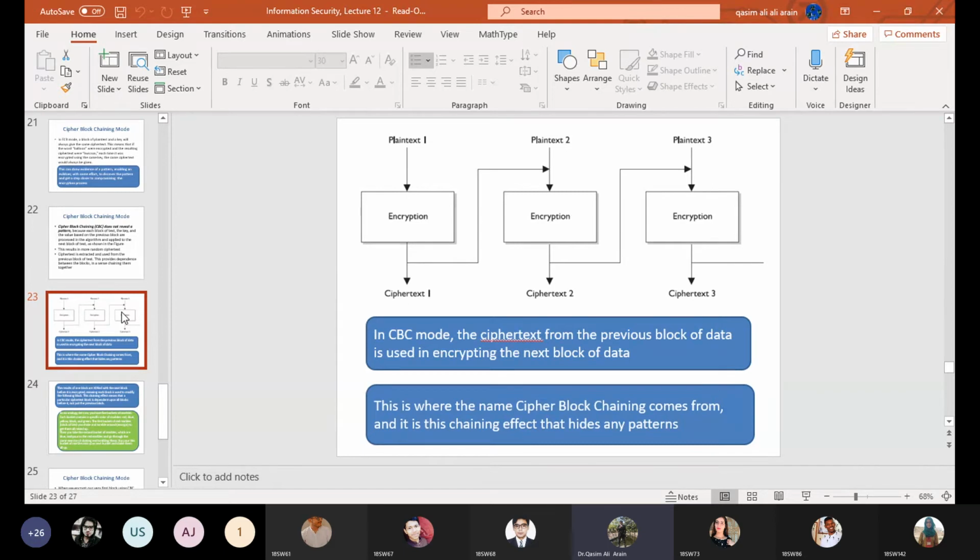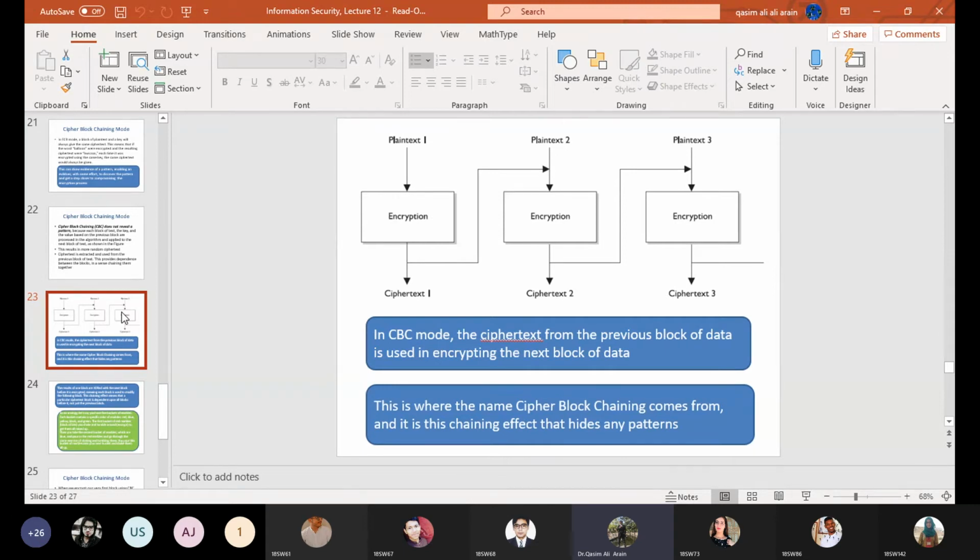And all that. So in CBC mode, the ciphertext from the previous block of data is used in encrypting the next block of data. So the output of the previous block is considered as the input of the next block, right? This is where the name cipher block chaining comes from, and it is this chaining effect that hides any pattern.